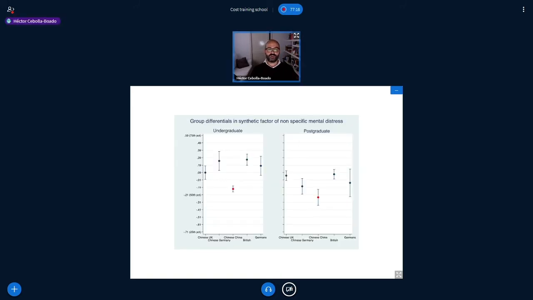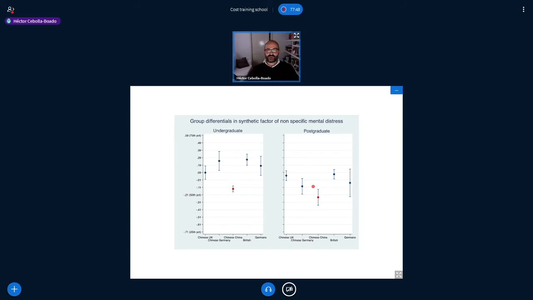But then when you pull them together, what you see is that Chinese in the UK, Chinese in Germany, British and Germans are the most distressed, and Chinese in China are the least so. This happens at both the undergraduate and postgraduate levels, although differences at the postgraduate level are less marked.